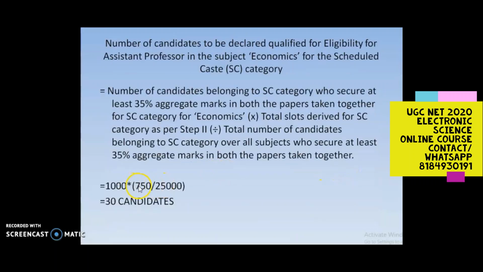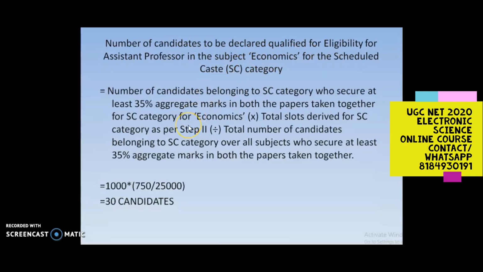So I took 750 here, divided by the total number of candidates belonging to the SC category over all subjects, meaning total 81 subjects, who secure at least 35% of aggregate marks in both the papers taken together. Previously I took this as 25,000, so I just substitute 25,000 here. If you do this calculation, then we will get 30 candidates. That means these 30 candidates are going to be selected as eligible for assistant professor in the subject of economics for the scheduled caste category.